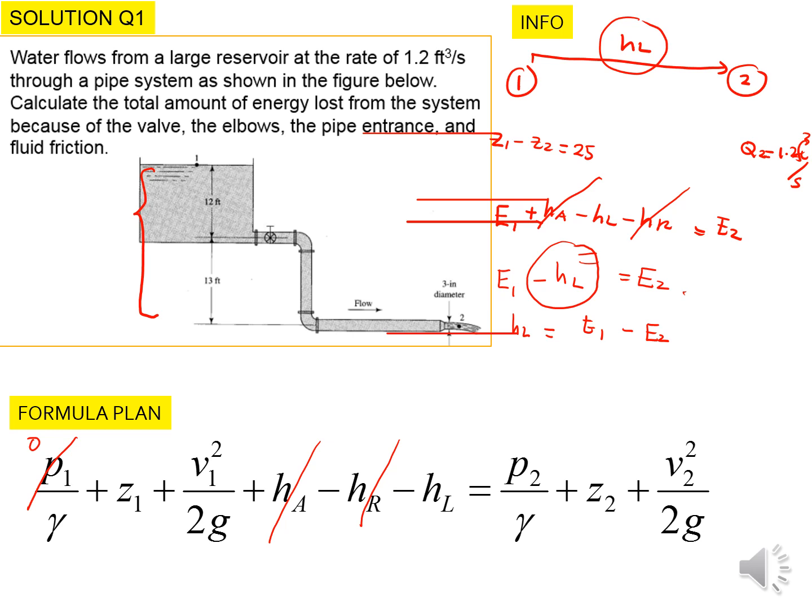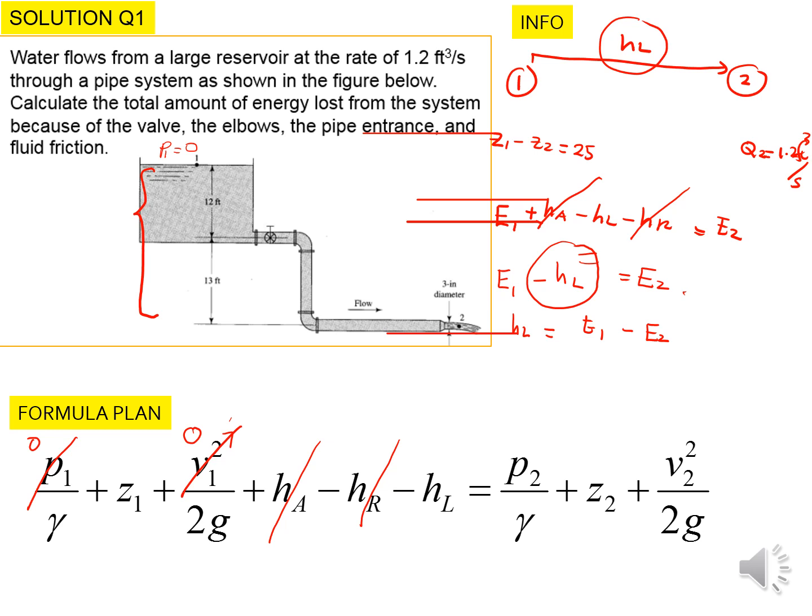Then the velocity V here we can also consider as 0 due to the huge free surface area.